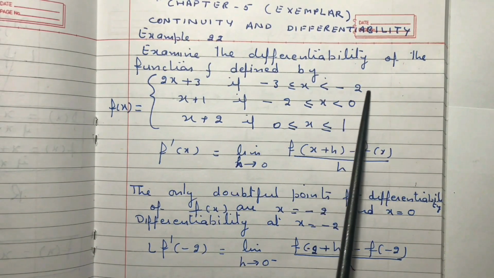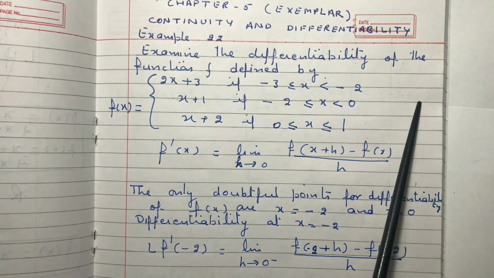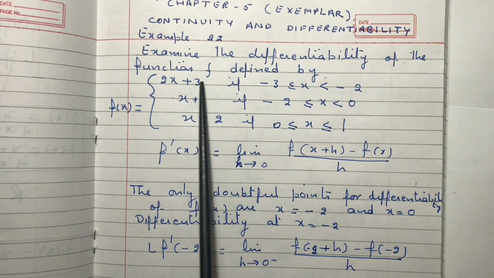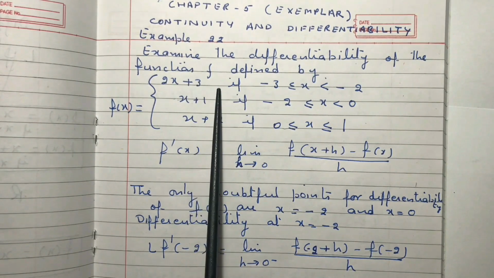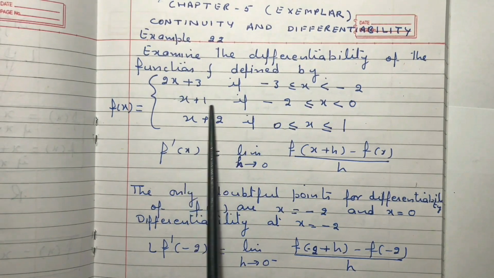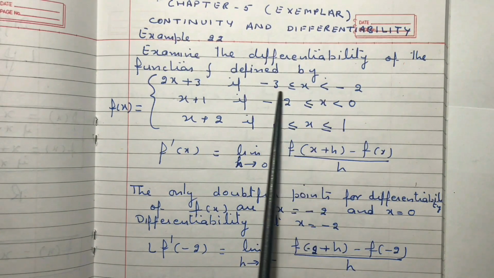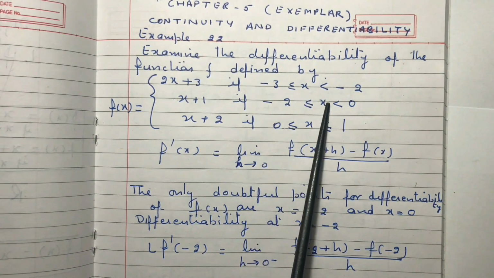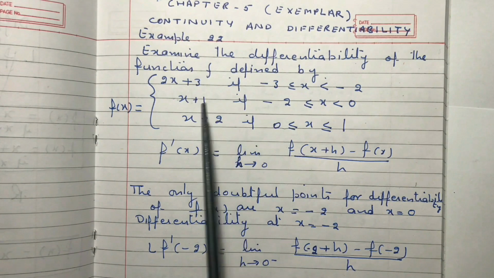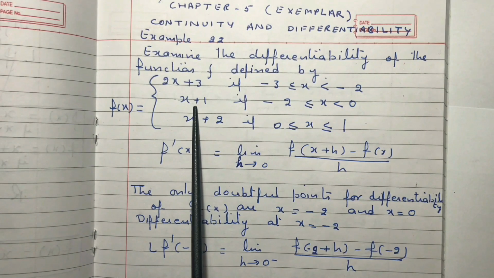When we find the differentiability at -2, we will find the left hand derivative as well as the right hand derivative. For the left hand derivative at -2, we will take the function 2x + 3 for x less than -2, and for x equal to -2, we will take this function. For the right hand derivative at -2, we will take this function for x greater than -2, and for x equal to -2, we will consider this function.